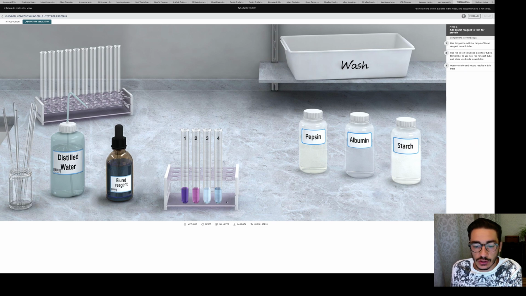In this experiment, we know what we add. When we tested for the sugars, we added different types of sugars when we didn't know what we added. But now we add known substances, right? So the third one was distilled water. So this was a negative control, because you add distilled water.